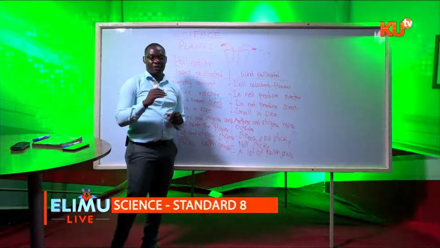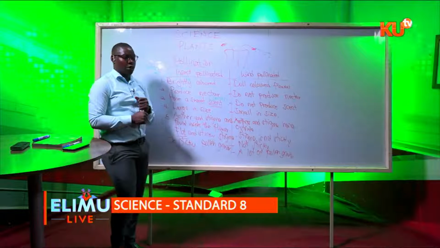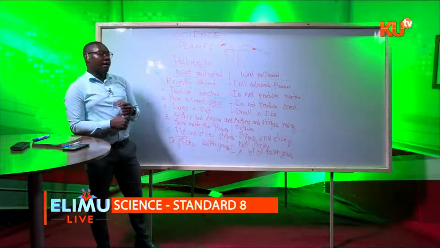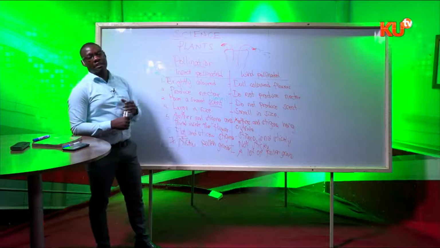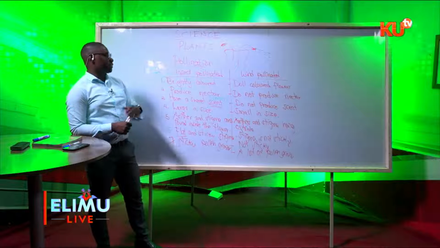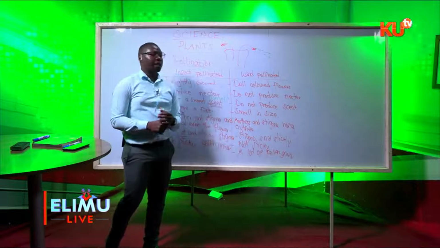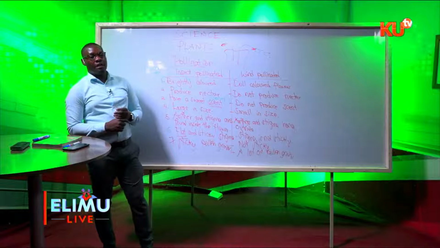Then I talked about what makes that movement possible, and we call them agents of pollination. And we looked at two, insect and wind. So this gives the characteristics of insect-pollinated flowers, and this gives the characteristics of wind-pollinated flowers.